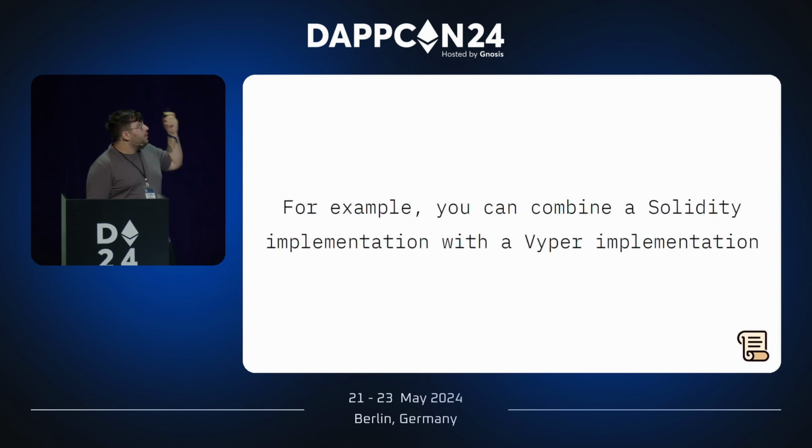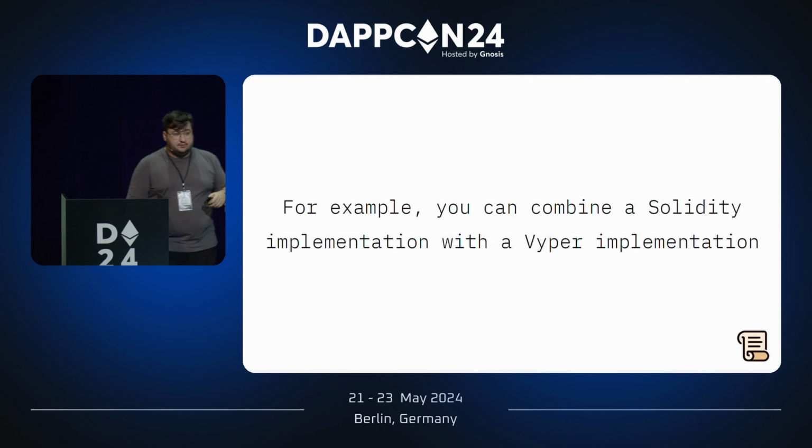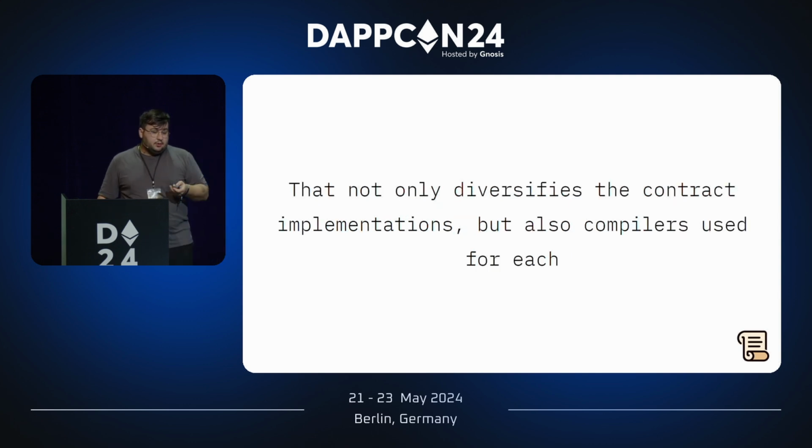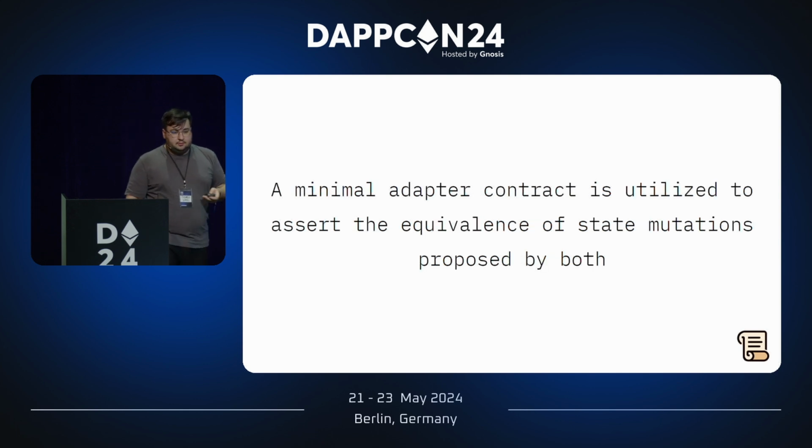You combine two implementations. Say one is in Solidity and another is in Vyper, and you have the two implementations running in parallel. The way it works is it protects you from the compiler issues, but also diversifies the implementations, which means you're not only protected from the bugs that you introduce, but also from the bugs that are introduced on the compiler level.